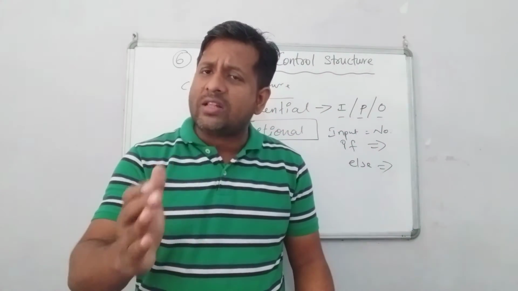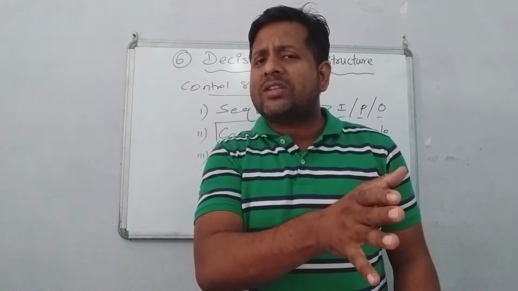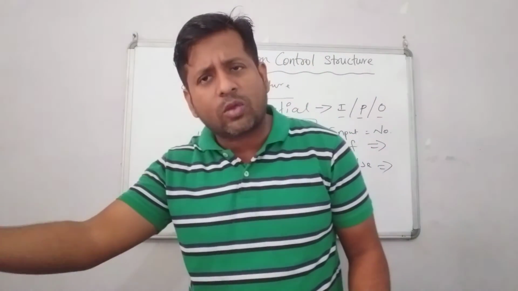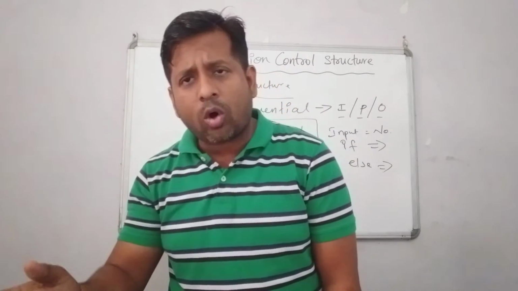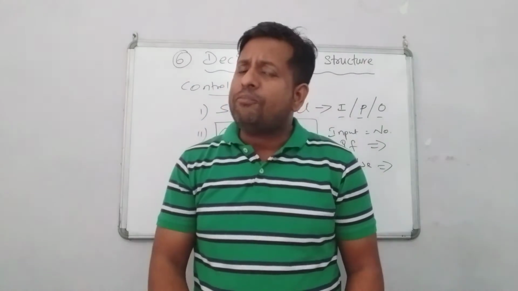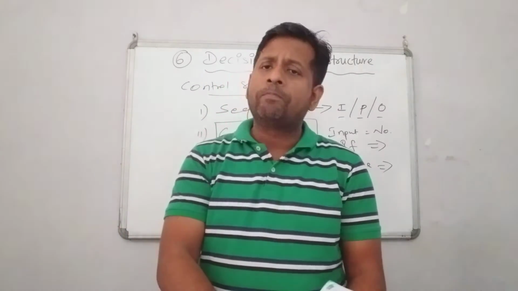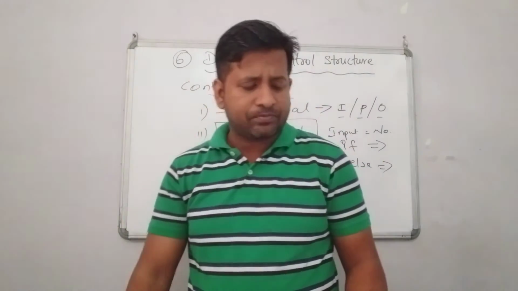Second we have the if else, where an either-or option comes. If this condition matches, this thing will happen or that thing will happen. So when we are concerned with both either and or, there we use if else. Children, if means we are only concerned with true statements. If else means true as well as false.